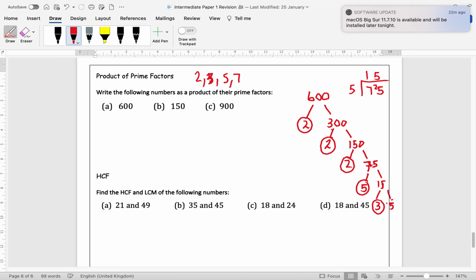Okay, they are both in the list. In terms of writing this in index form, the number 2 appears 3 times, times the number 3, which only appears once, times the number 5, which appears in my answer twice.